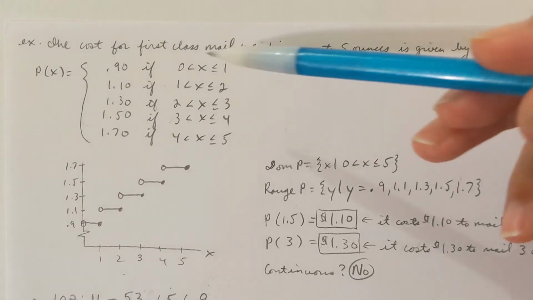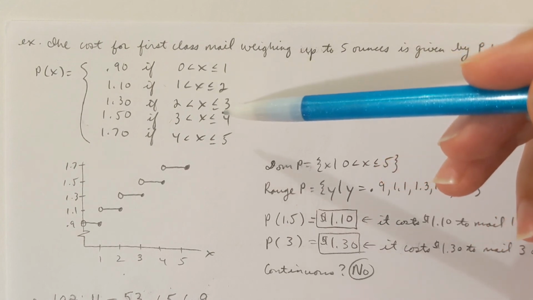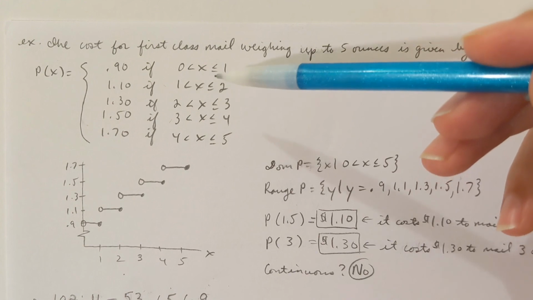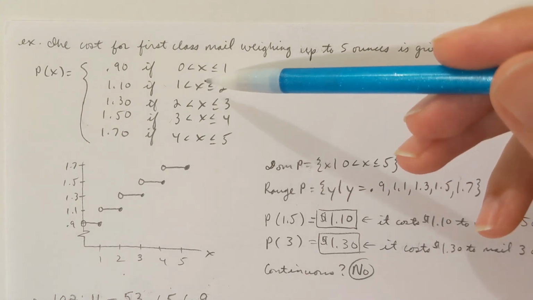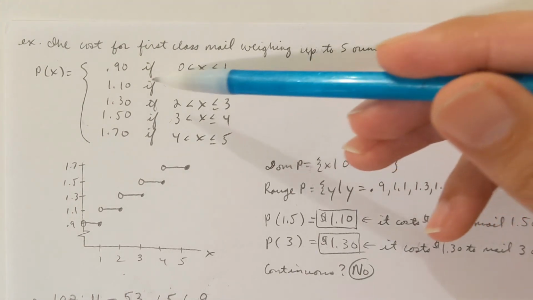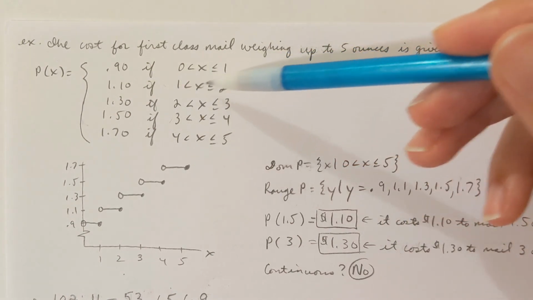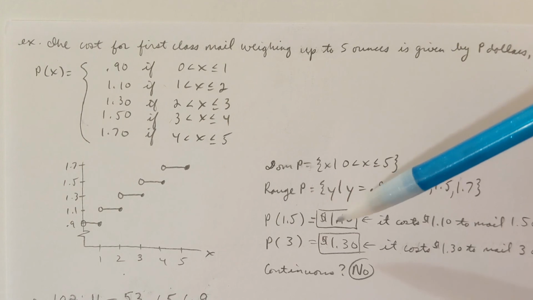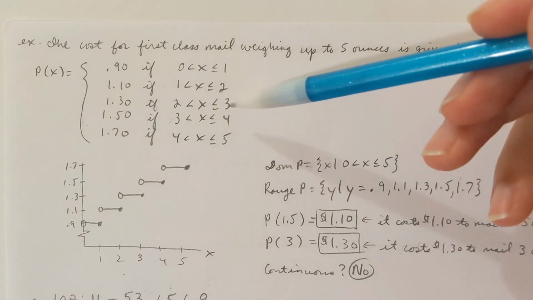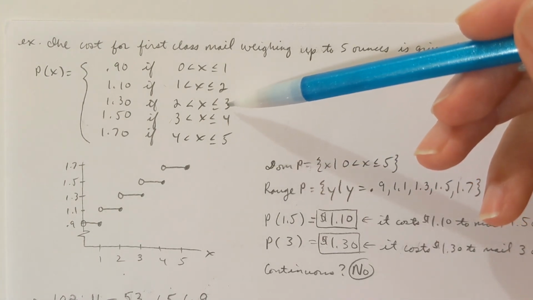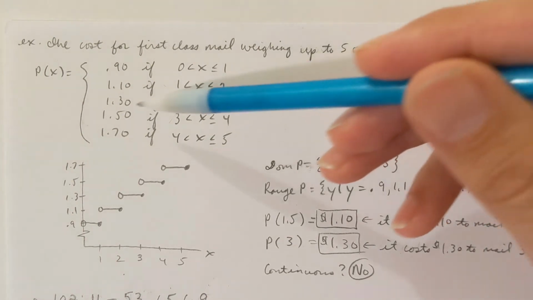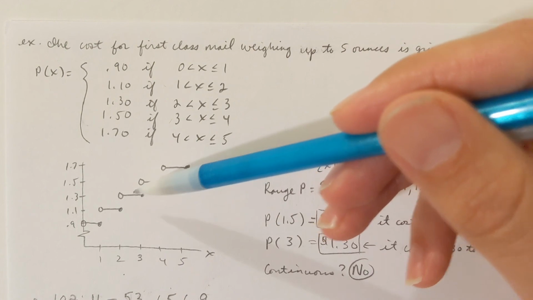P of 1.5 is 1.1. Okay, so that's piece 2, 1.1. P of 3 is piece 3. I'm including 3 there, and so I get 1.3.